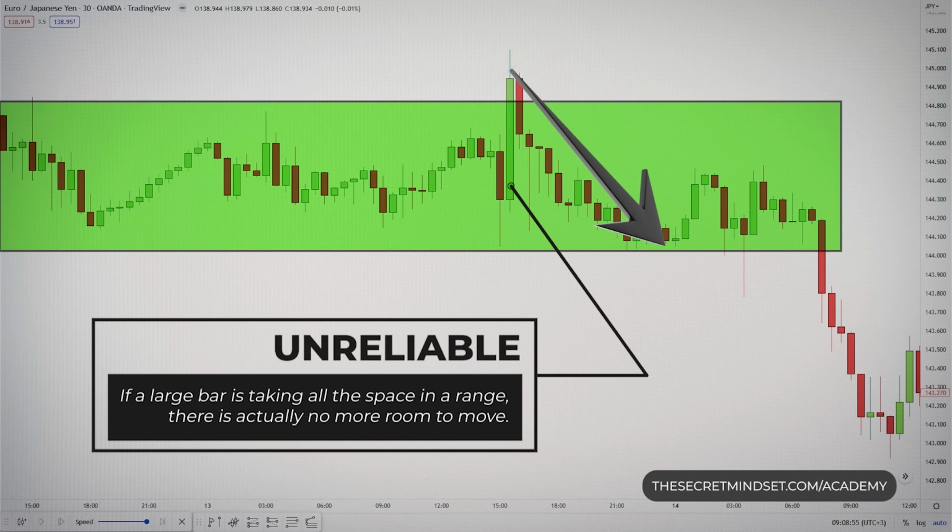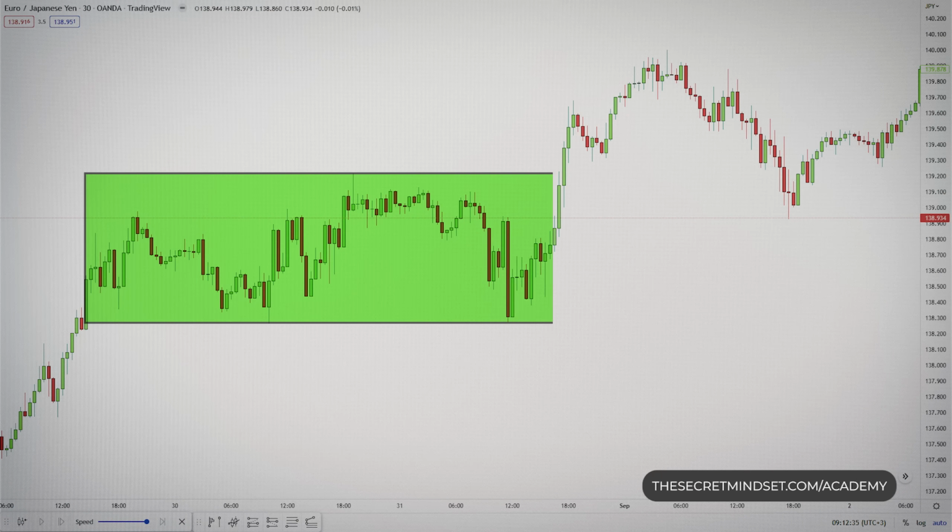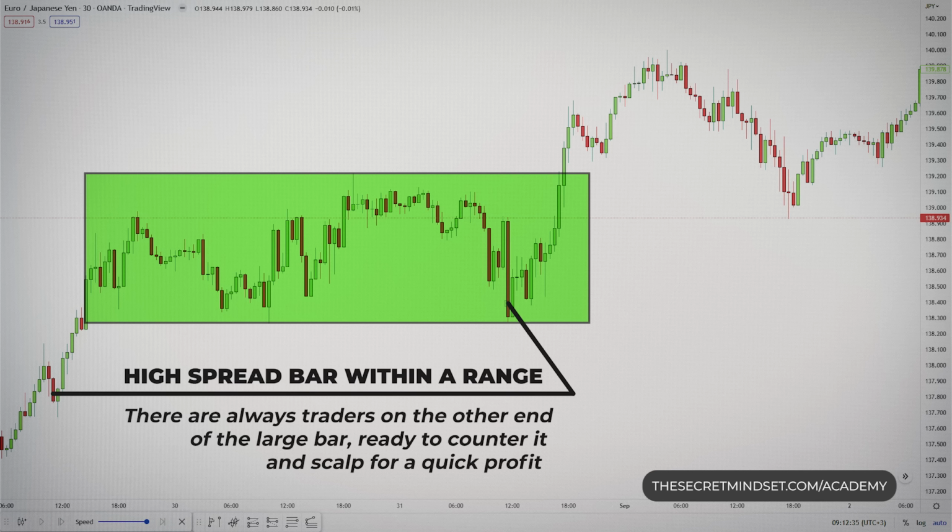If you look in your chart history, you'll see that most large bars inside of the range are countered instead of being followed up. Another aspect to keep in mind, there are always traders on the other end of the giant bar, ready to counter it and scalp for a quick profit.